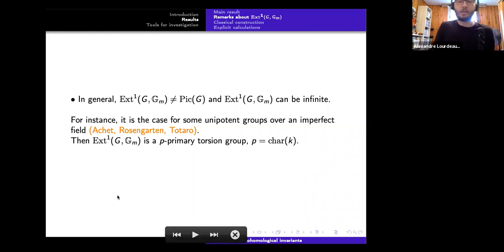And it is easy to show that in the case of unipotent groups, X1 of G, G_m is always a p-primary torsion group. So in that case, if we look at the above theorem, there won't be any invariant of torsion other than p-primary torsion.